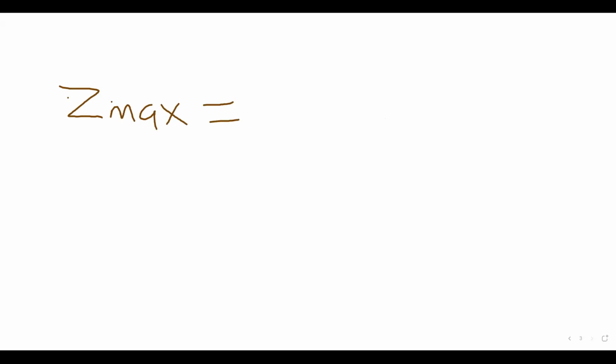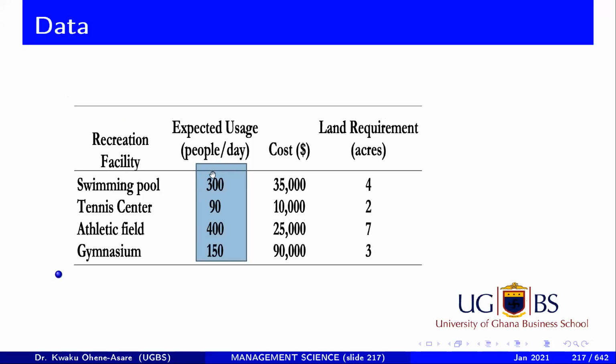All right, let's move on. Z max equal to, and watch it here, 300 x1 plus 90 x2 plus 400 x3 plus 150 x4. So that's what we're going to write there.